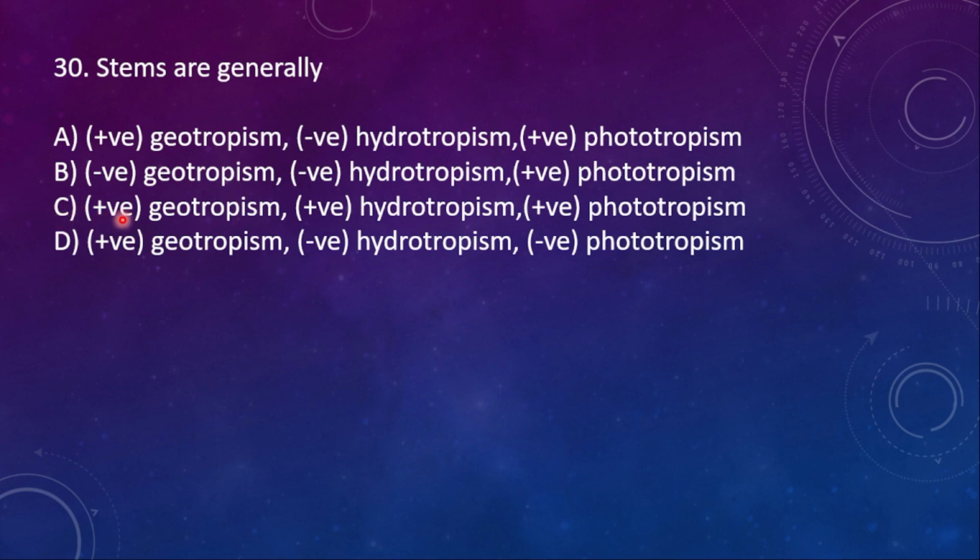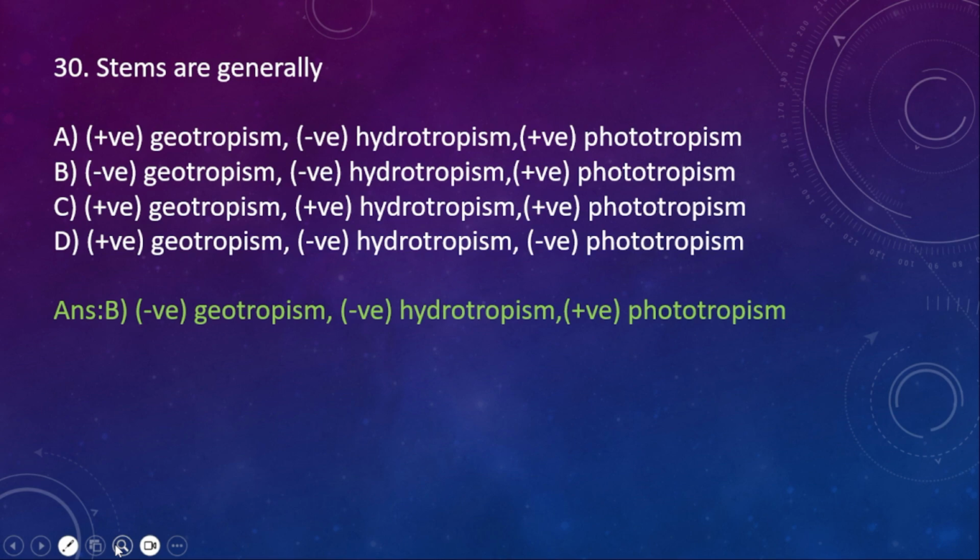Option C, positively geotropism, positively hydrotropism, positively phototropism. And then option D, positively geotropism, negative hydrotropism, negatively phototropism. And then here stems are generally what? Stems are generally negatively geotropism, negatively hydrotropism, and positively phototropism.